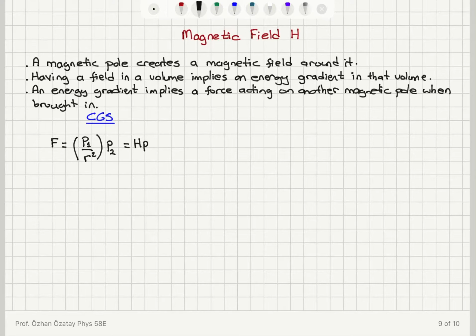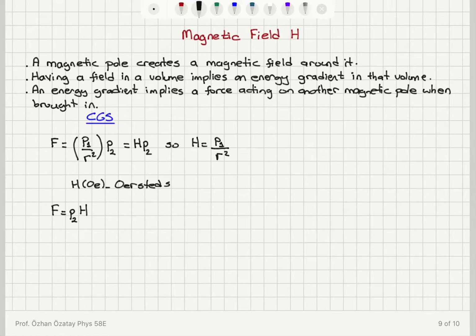So the force is magnetic field H times P2, so that the magnetic field created by the pole strength P1 is P1 divided by R squared, where in the CGS system H is measured in oersteds, and the force is equal to P2 times H.